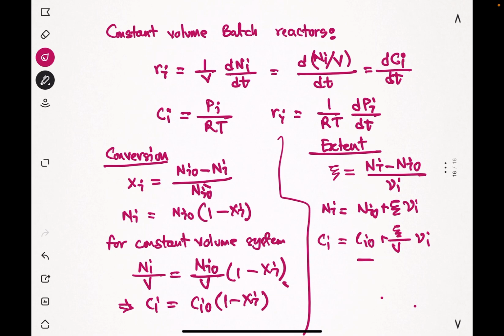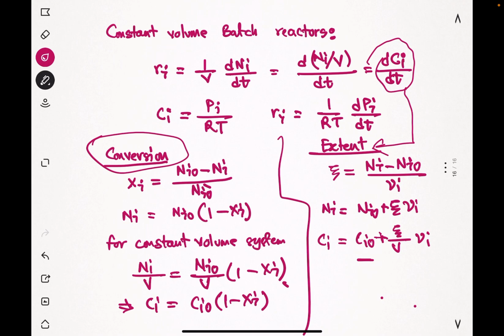When you do the kinetic study and subsequent kinetic analysis, here in the equation we have Ci by t. We can use that form. We can also move to the other form, conversion. When we use Ci as the independent variable, probably we'll be looking into extent, and when we use the conversion, Ci is no longer in the equation.